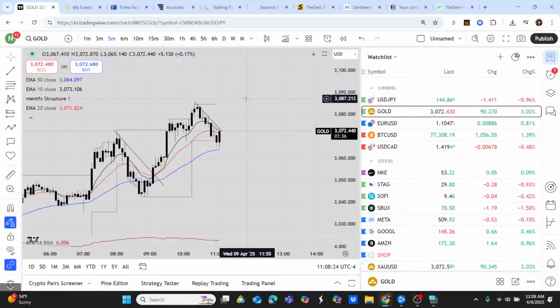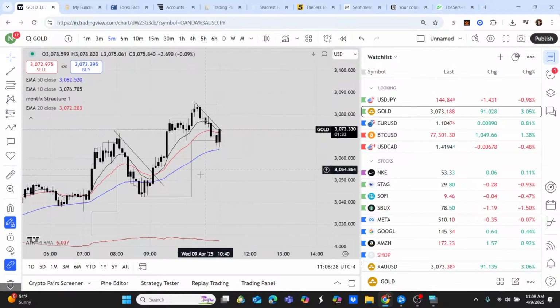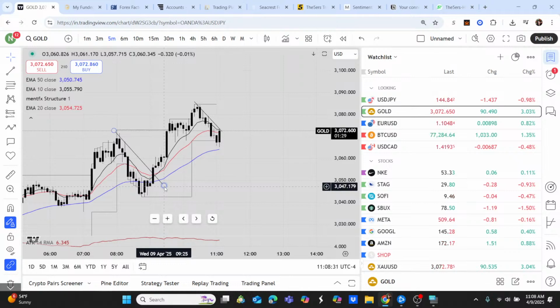Okay, it's moving nicely in terms of what I want to see so far. So we just gotta wait for the candle close.